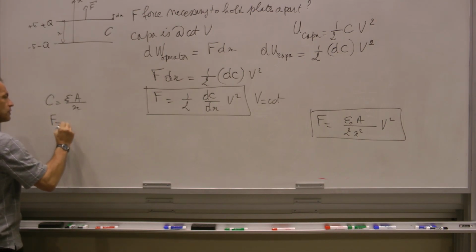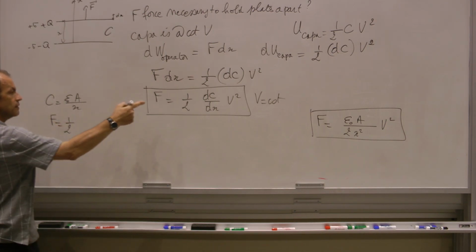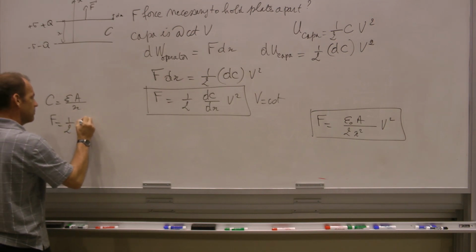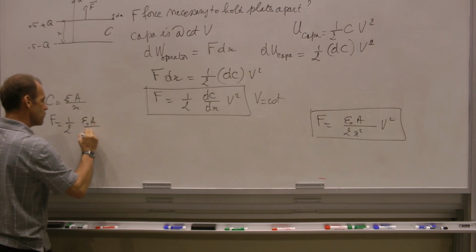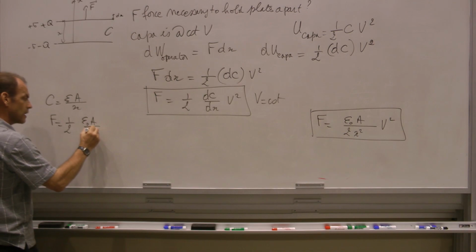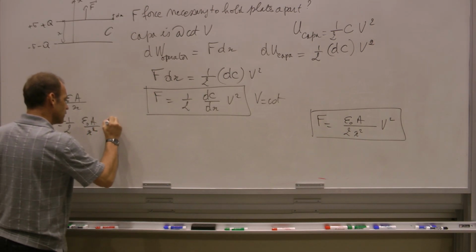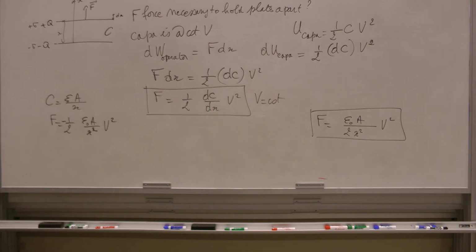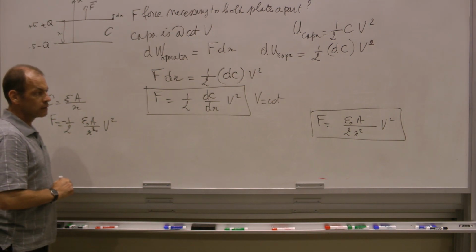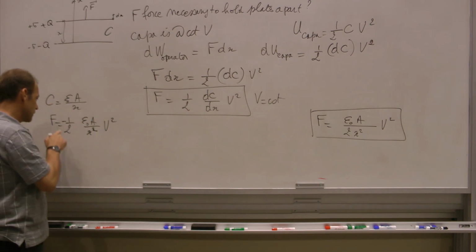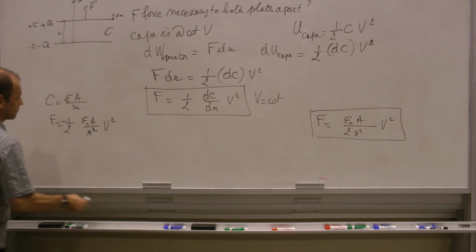I get the force is equal to 1/2 dC/dx, epsilon 0 A over x squared, but there's a negative sign that shows up because of the derivative, times V squared. Well, that's almost that one, except for the negative sign.